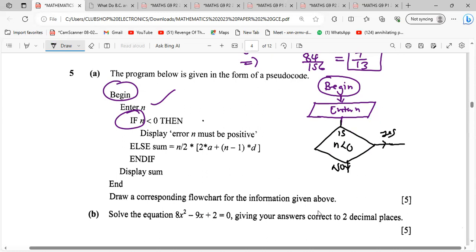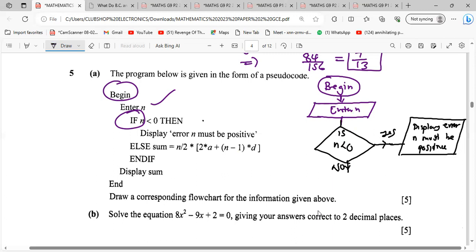So we'll say display error, all right? N must be positive.